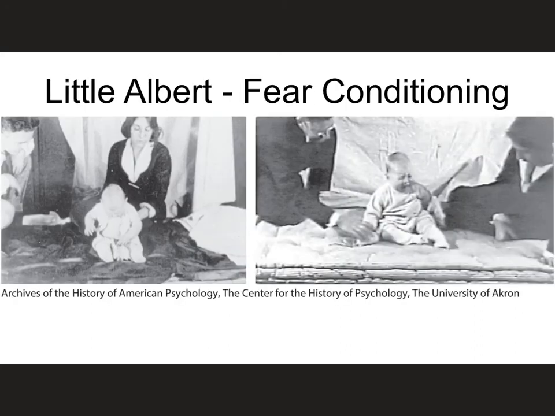And lastly, we're going to talk about little Albert. Little Albert, they learned to do fear conditioning with. And again, same concept, right? You're pairing two stimuluses together until learned behavior occurs. In this case, this was done by John Watson. Did the study on baby Albert. And essentially what he did was he paired a fluffy white animal, and at the time it was a rat, with a very loud noise.